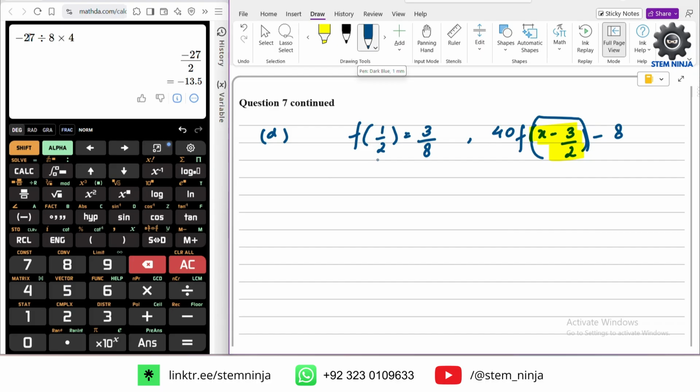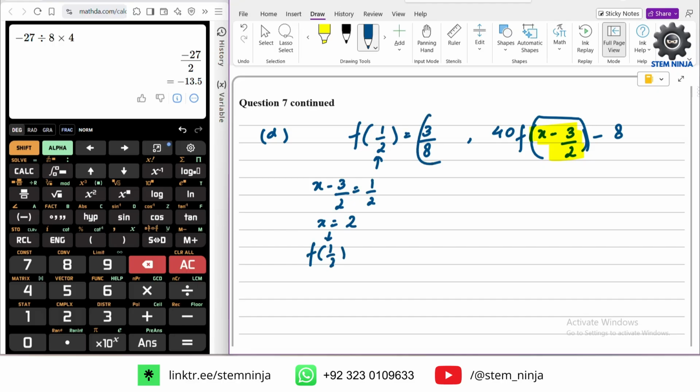So basically we need the same value back, correct? So x minus 3 over 2 equals to 1 over 2, so this would be x is equal to 2. So that way basically we're getting 1 over 2 back again.